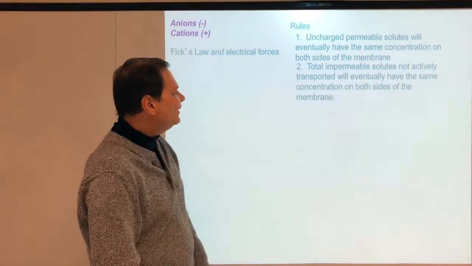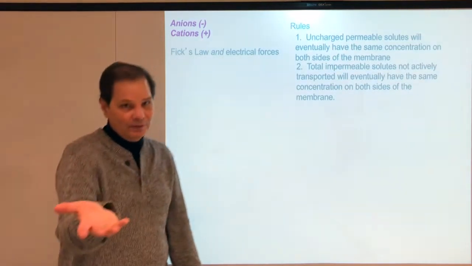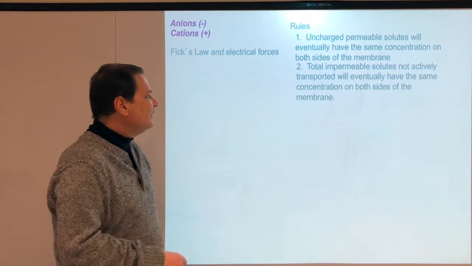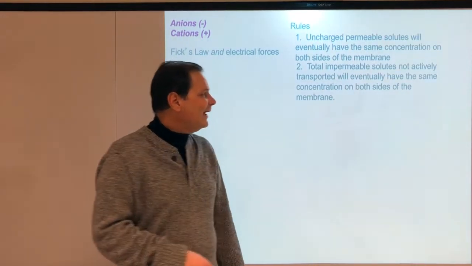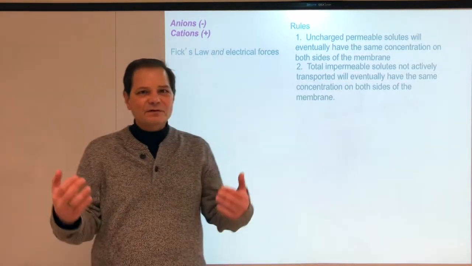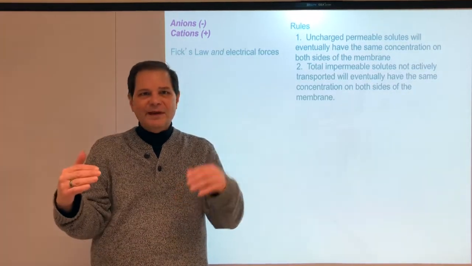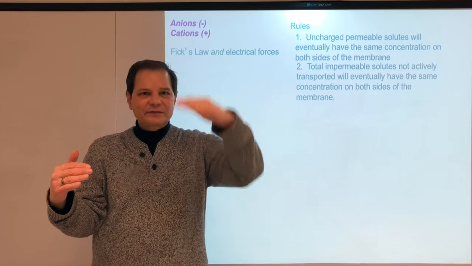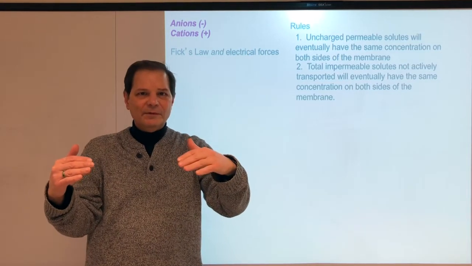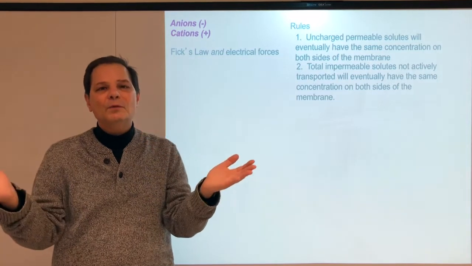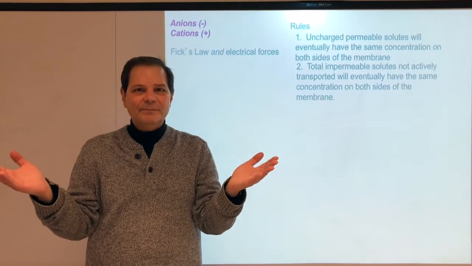Rule number two, if you have impermeable solutes that are not actively transported, then eventually they will have the same concentration on both sides if you add them all up. The total concentration of impermeable solutes on the outside and on the inside will eventually be the same, and that's because water moves until it is the same.